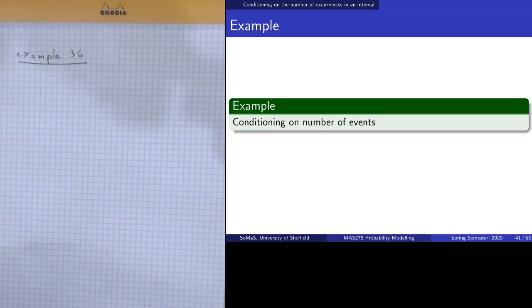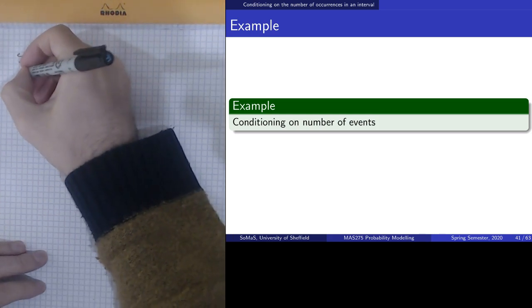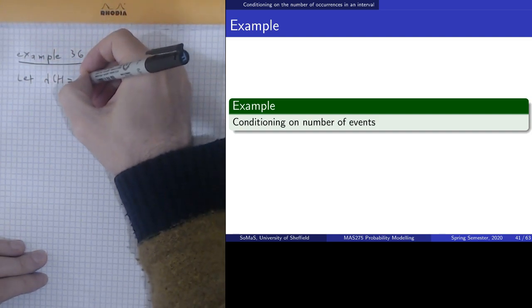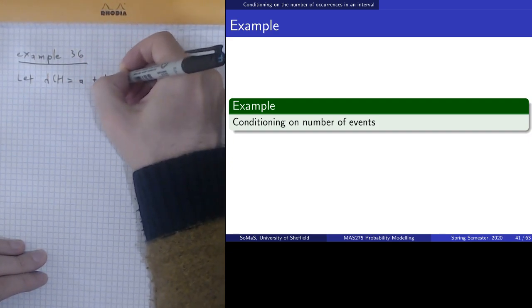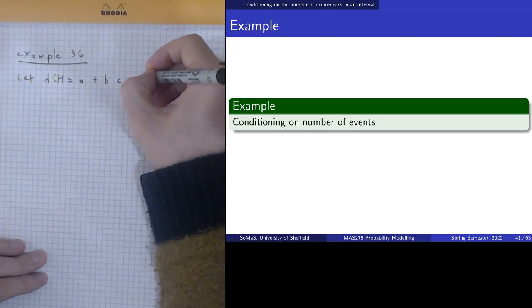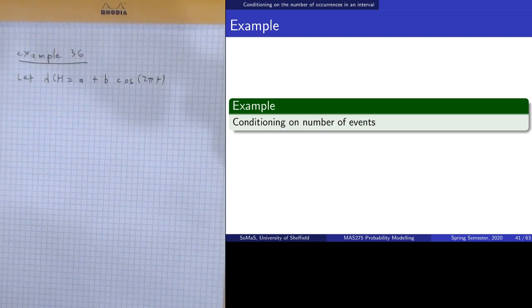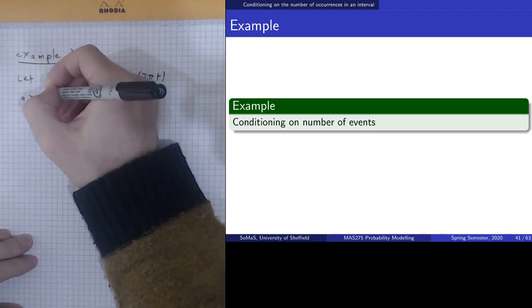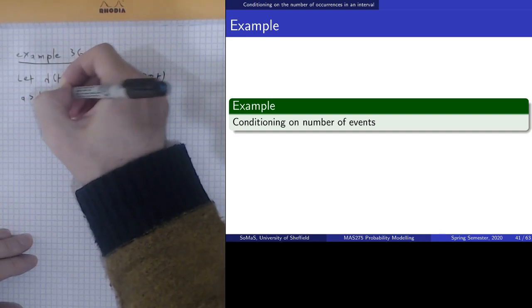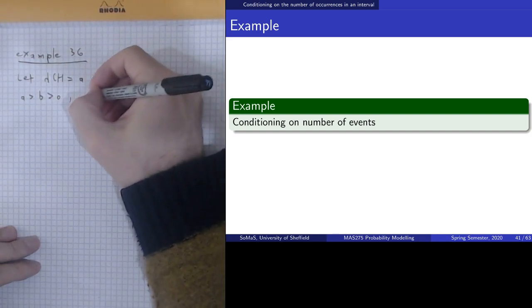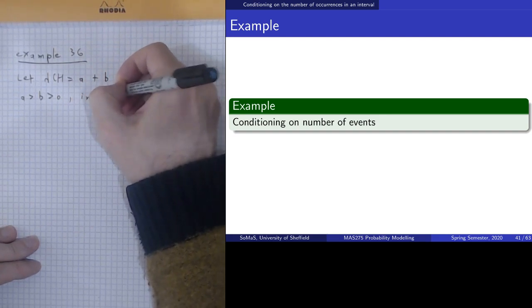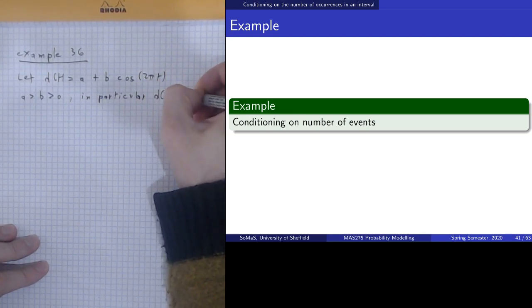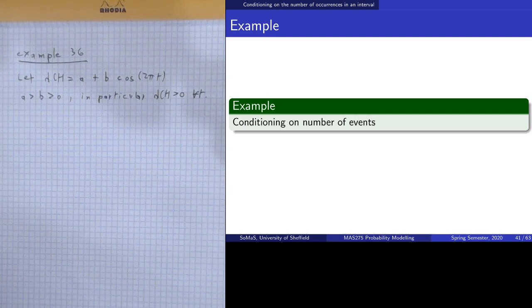I'm going to take an arbitrary Poisson process with parameter lambda of t, which is equal to a plus b cosine of 2 pi t. Completely arbitrary. Let's take a bigger than b positive. In particular, lambda is not 0. Lambda is strictly positive for all t.